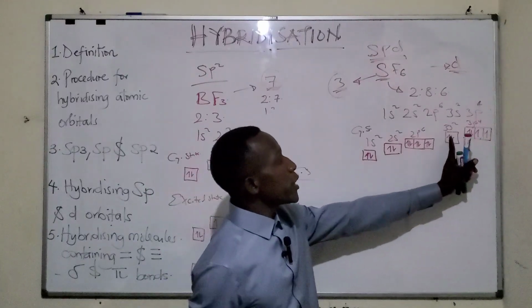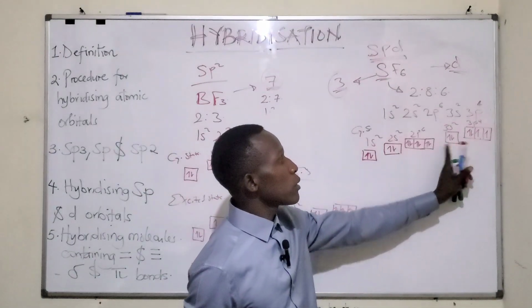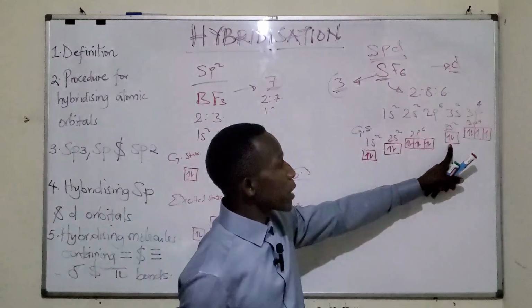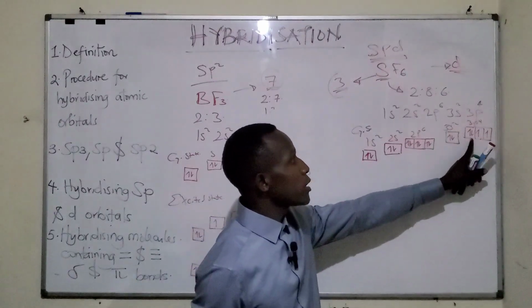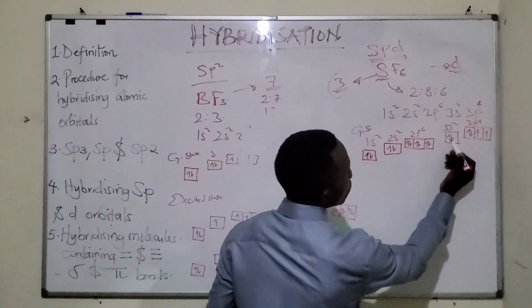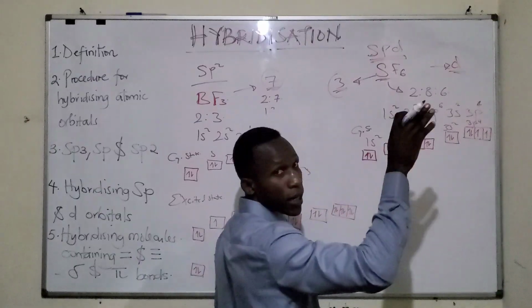Then 3s, we have 2 paired electrons, and 3p we have 2 paired electrons. But this one is promoted to a higher orbital.